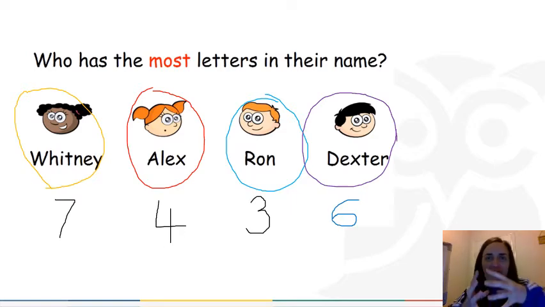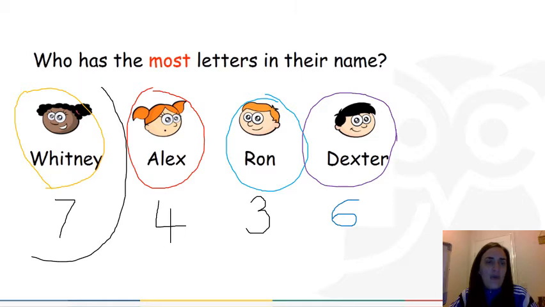Okay, so who has the most letters in their name? Which number is the biggest? We've got 7, 4, 3 or 6. The biggest number is 7. So the answer is Whitney. Whitney has the most letters in her name.